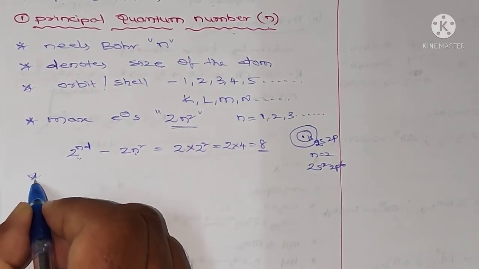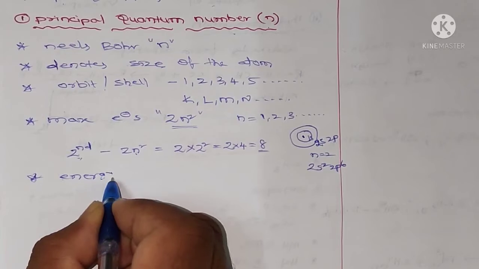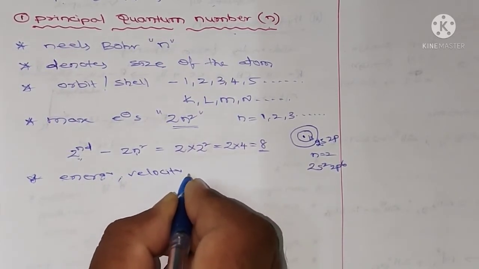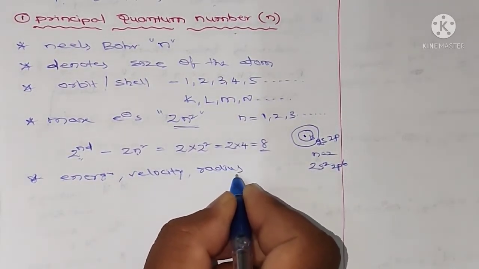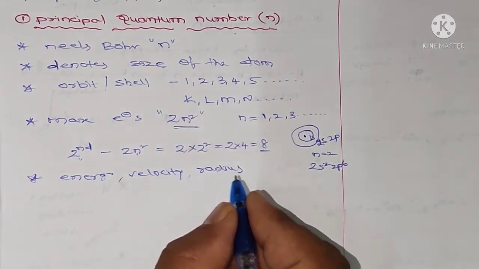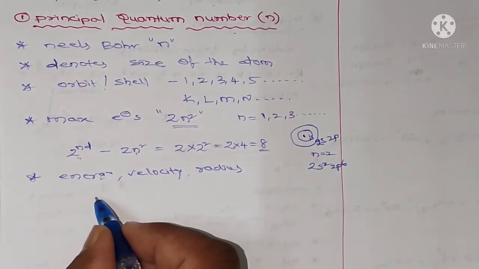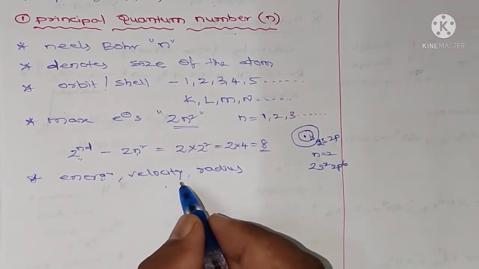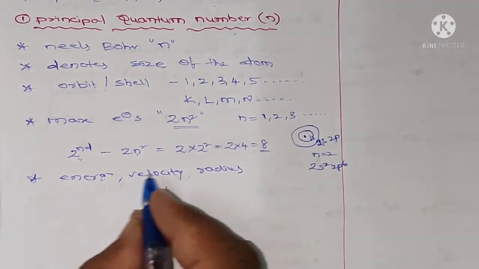and it determines energy, velocity, radius of orbit in an atom of hydrogen or hydrogen-like species.